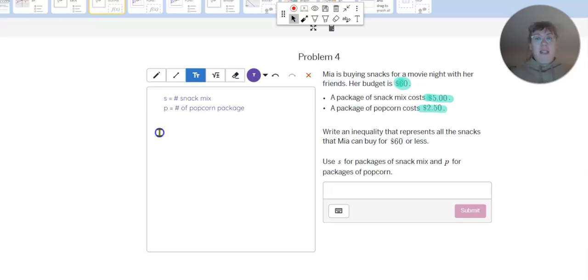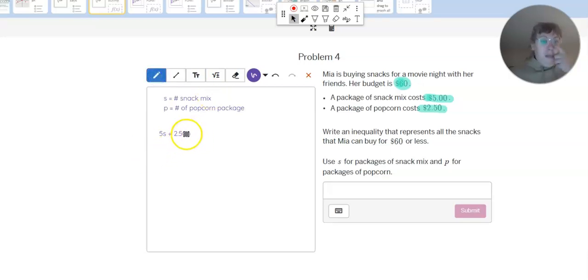So each snack mix is $5. So we have 5 times S to get the total price of all the snack mixes, plus each popcorn is $2.50 times P, and $60 or less is the budget.